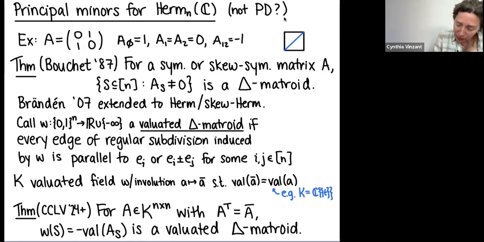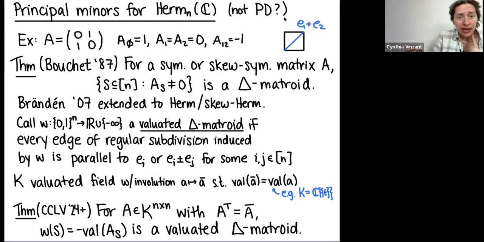And so what you end up with, as a function on the cube, is that these coordinates get sent down to -infinity, and you get an edge of the form E1 plus E2. So you get an edge direction that we were not allowed before when we started with positive definite matrices.